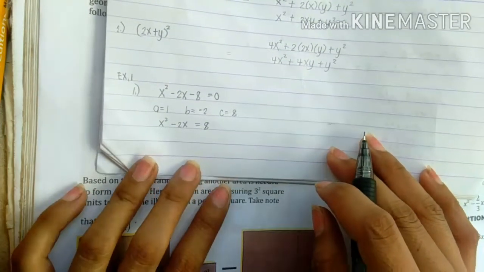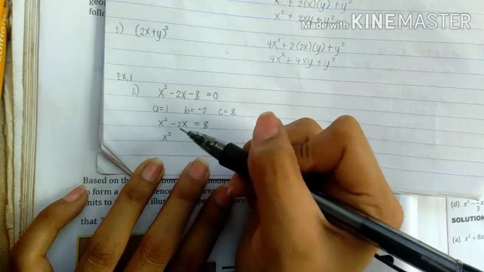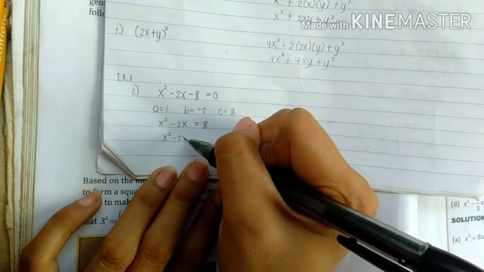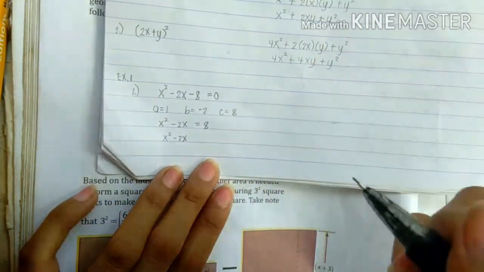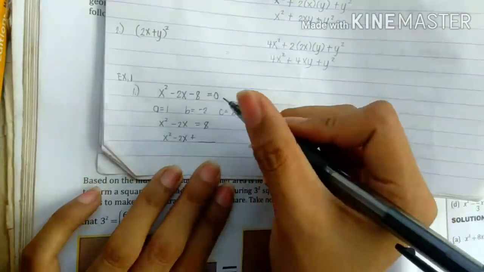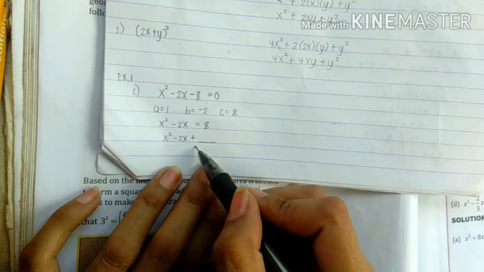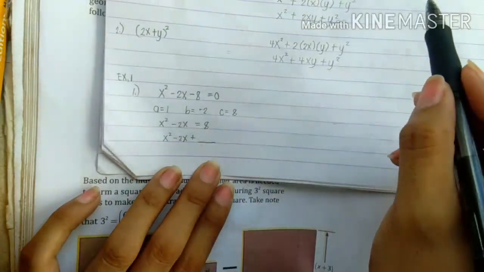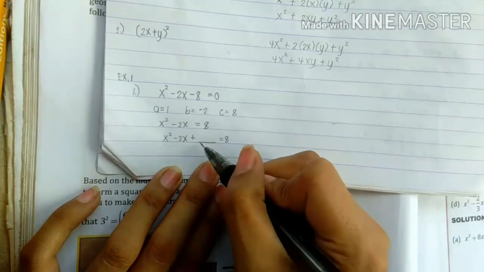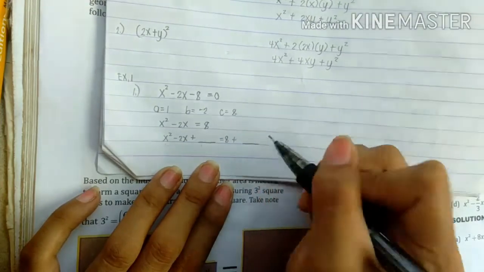The second step is just copy the first and the second: x squared minus 2x plus blank. We will know later why blank, because we will be making this into a perfect square trinomial. Just copy first. Equal, and whatever you do here, you need to do it also here to make it balance.